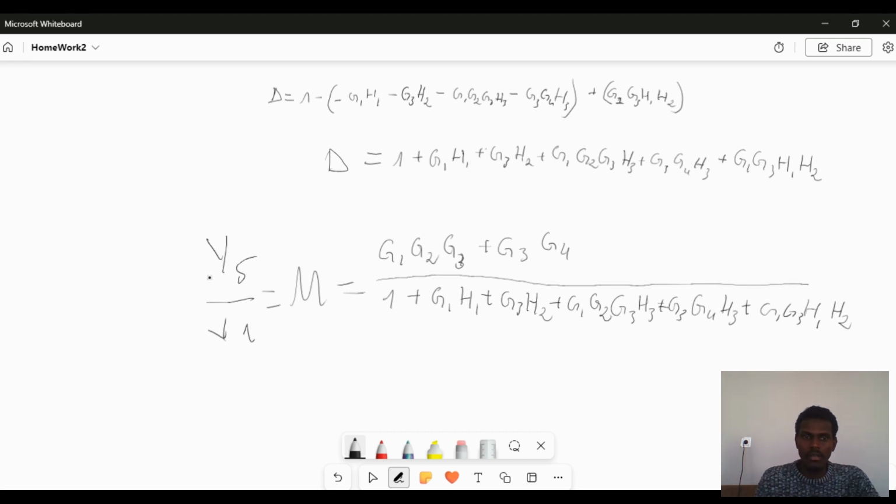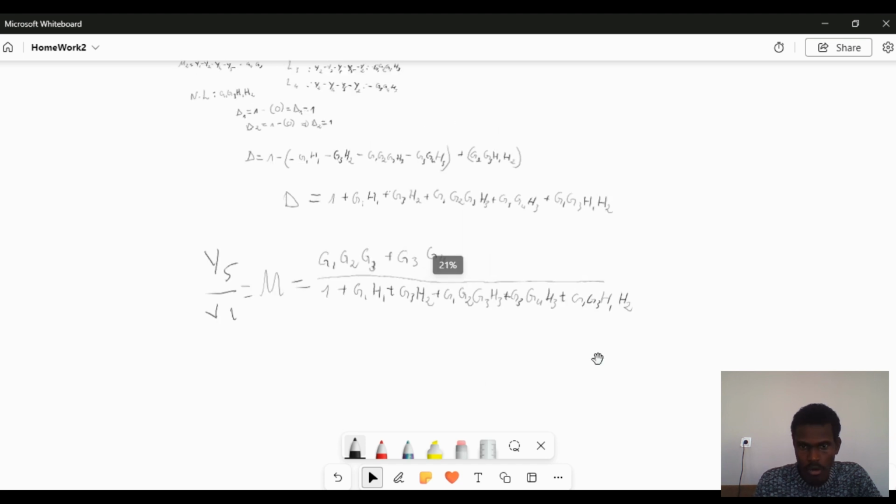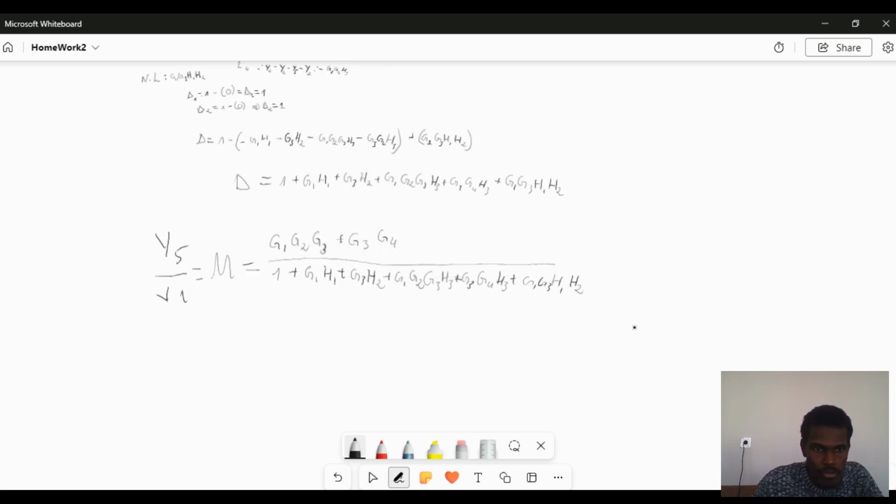And this is the answer of part B from question 4.